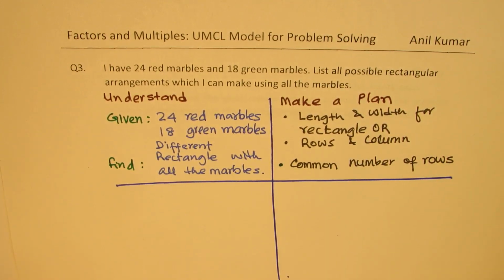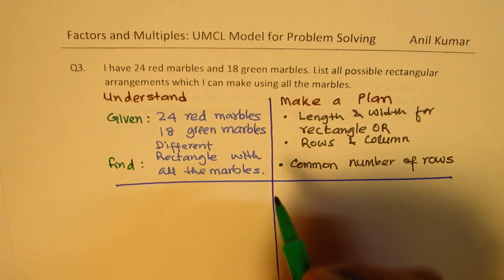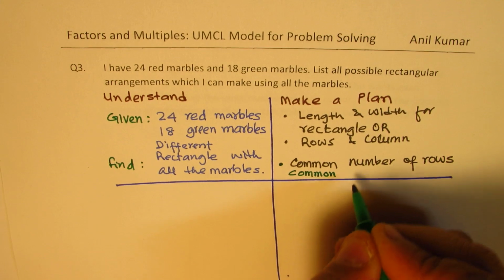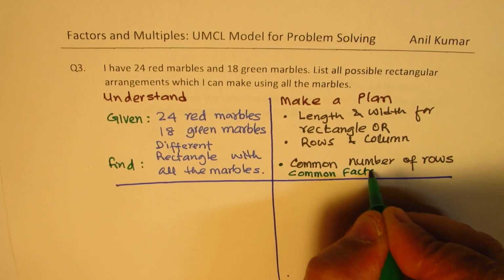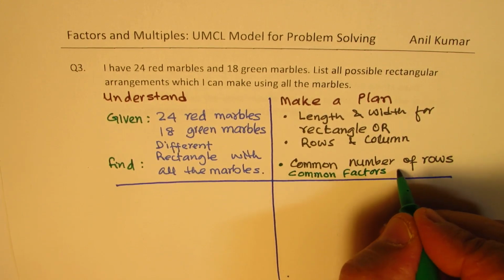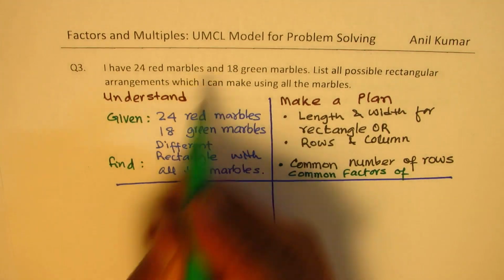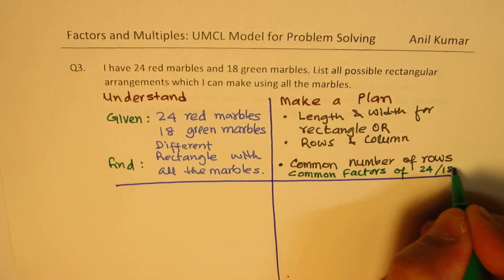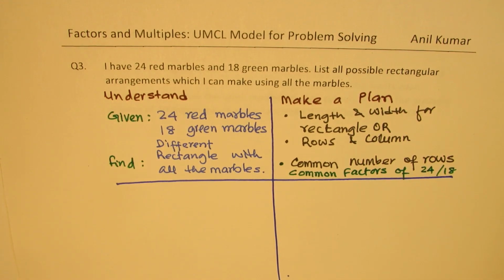That is to say, common multiples, right? So in other words, we're looking for common factors, correct, of 24 and 18, since these are the numbers given to us. So that is our strategy, correct?